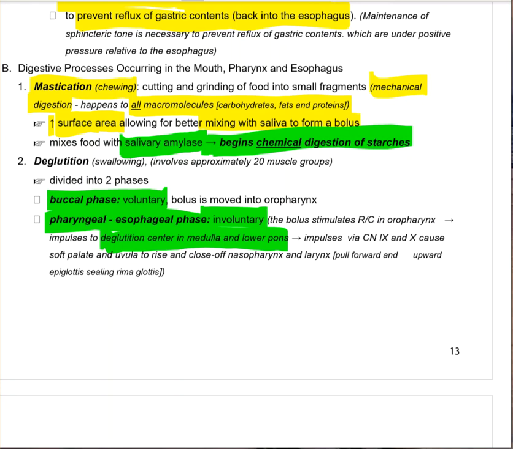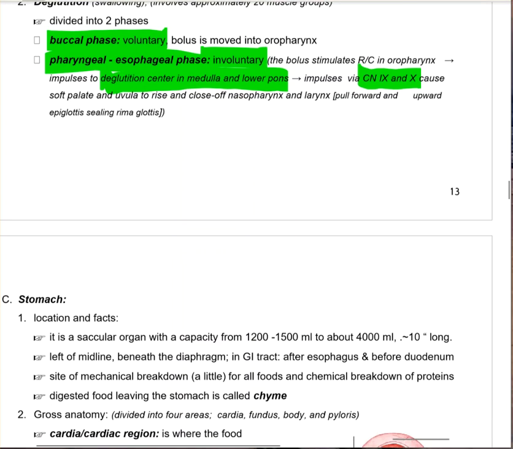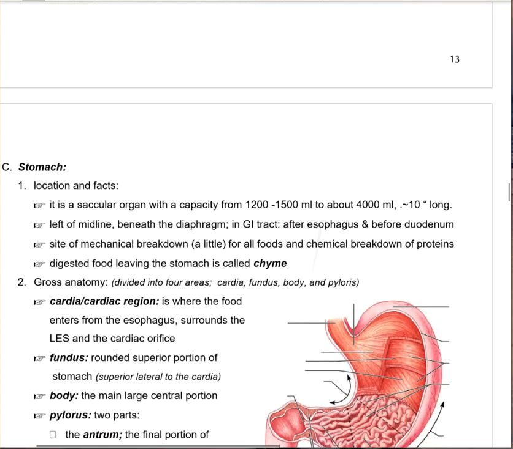And then this causes cranial nerves 9 and 10 to cause a very complicated movement of the soft palate and uvula, close off the nasopharynx, and make sure that the epiglottis seals off the trachea, and we get swallowing to occur. So we don't need to go into all the details of how that happens, but it's complicated and has a voluntary and an involuntary phase.